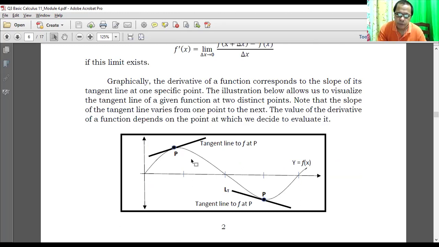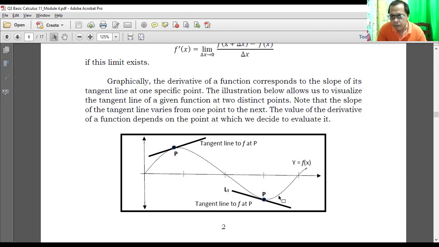The derivative of the function, let's say for example kani nga function y of x, ang slope is just equal to the slope of this tangent. Okay. The same pud ni, no?